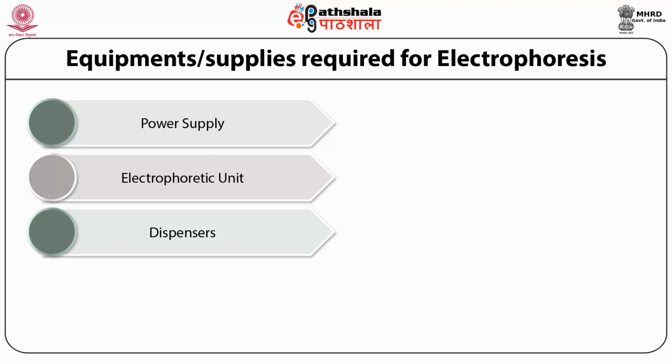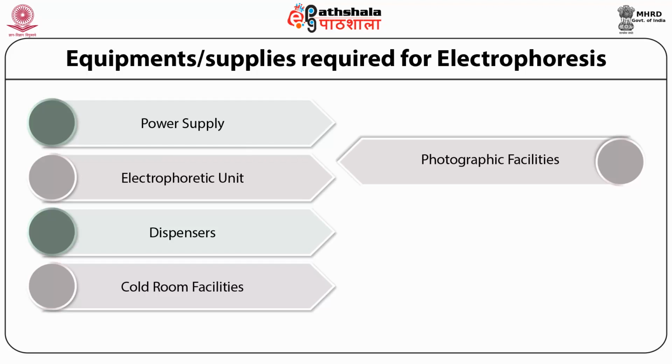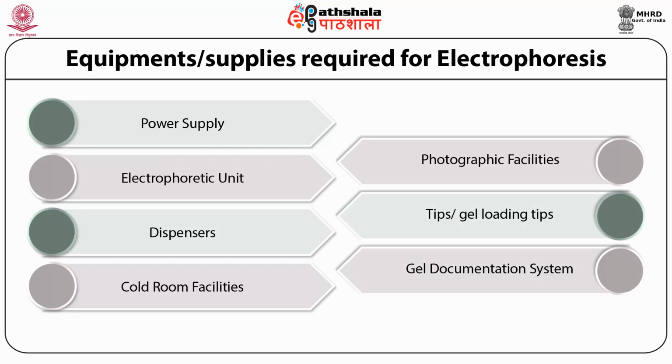It requires cold room facilities, especially for overcoming the heat effects in electrophoresis. Then photographic facilities, which are required after the completion of the electrophoretic run, and gel documentation systems for viewing the electrophoresis after the run, and certain small things like plastic supplies, including tips and other essential requirements present in the laboratory.